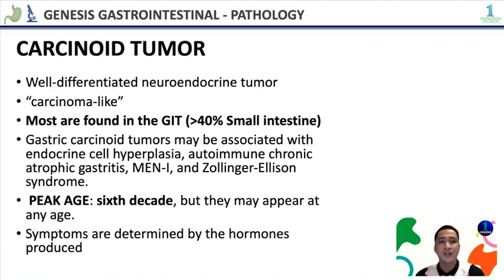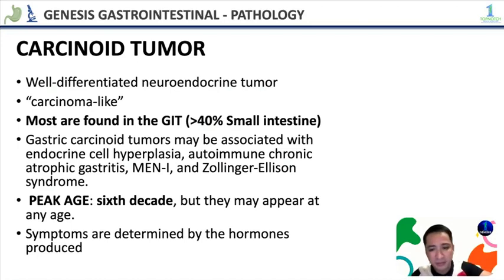Gastric carcinoid tumors can be associated with endocrine cell hyperplasia, autoimmune chronic atrophic gastritis, if you can remember, your MEN1 syndrome, your Zollinger-Ellison syndrome, and in terms of predisposition, it peaks at around the sixth decade of life, but may appear at any age of the patient.